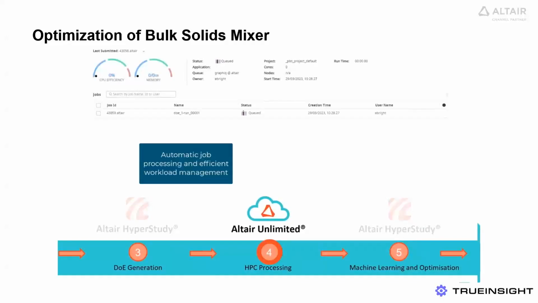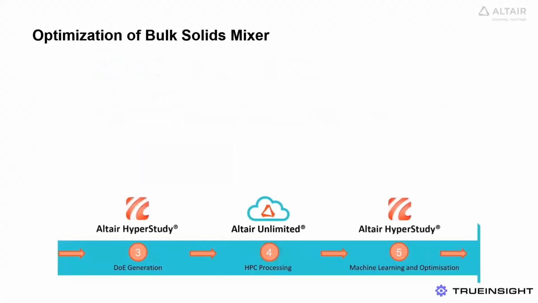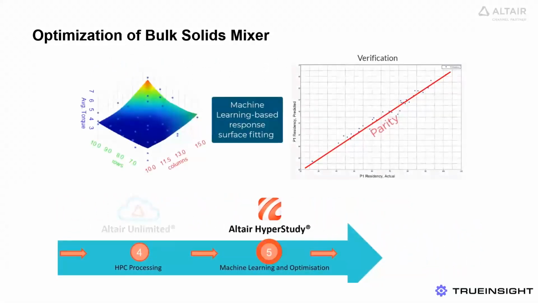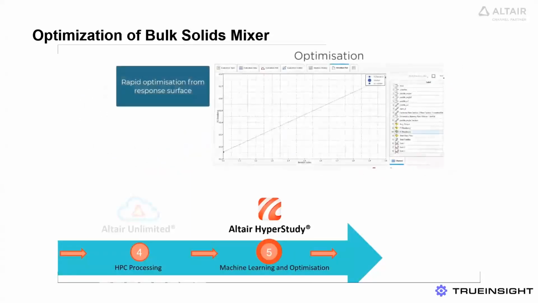The parameters optimized here were the paddle angle, paddle width, and paddle pattern, which would be the number of paddles per row and per column. The key performance indicators were mixing quality, energy consumption, throughput, and equipment cost.